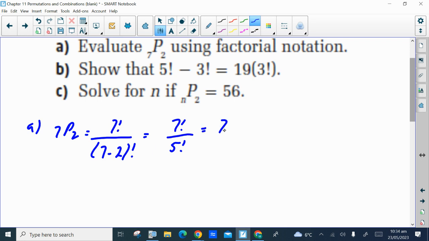We can simplify this by expanding the top, but we stop when the last factor is a 5, with a factorial on the end, because that's what the denominator is. They will cancel. And you're left with 7 times 6, which is 42.